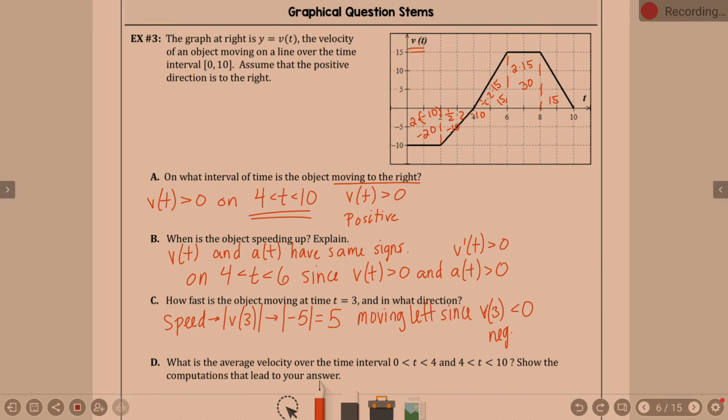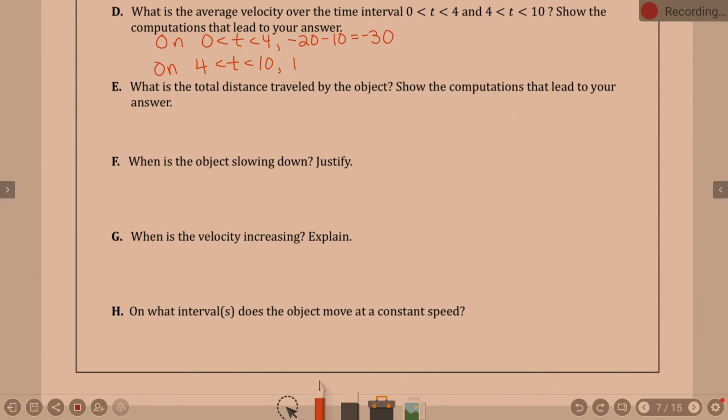If you do your calculations a different way, if you get the same answer, you're good to go. So 15 plus 30 plus 15, which is 60, right?